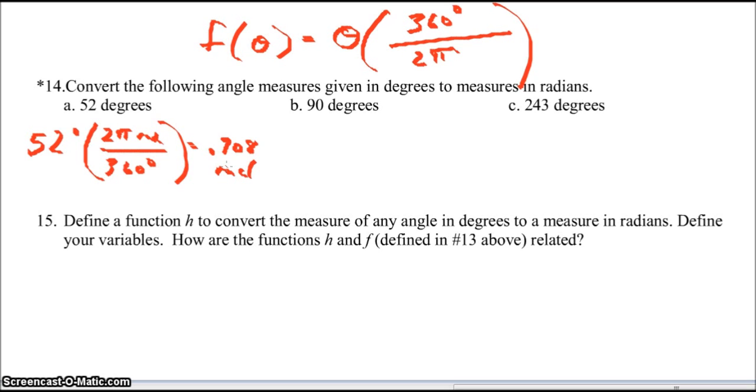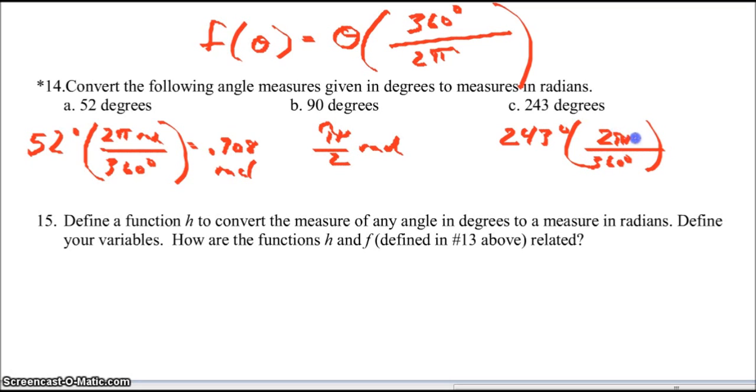We have 90 degrees, that'll be pi over 2 radians. We've solved that above. 243 degrees. Put 360 degrees here, 2 pi radians here. Multiply those together and we get 4.241 radians.